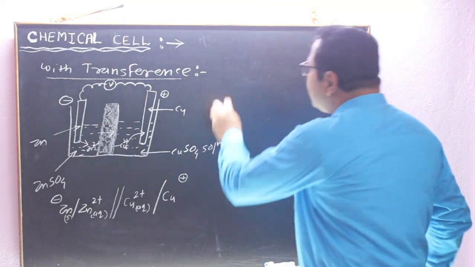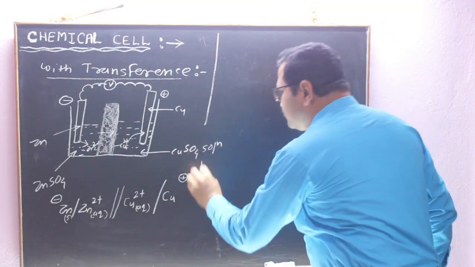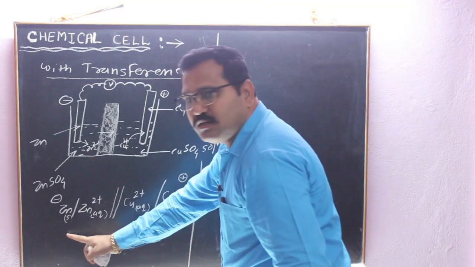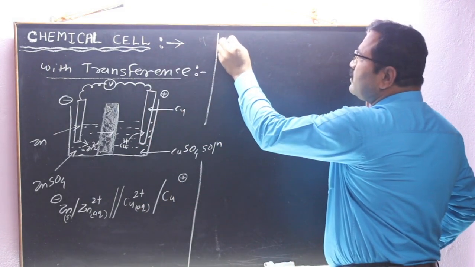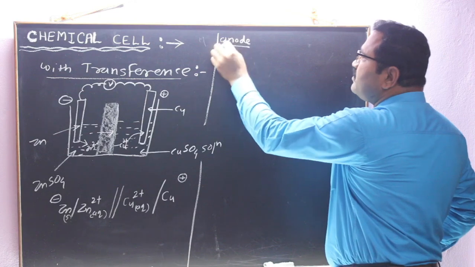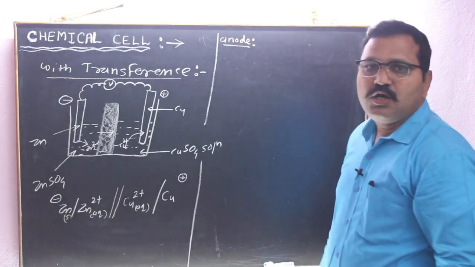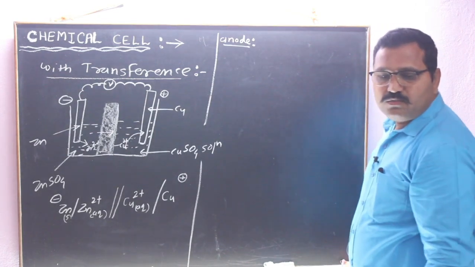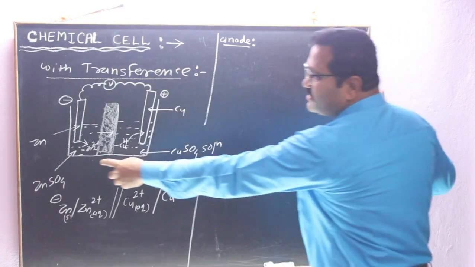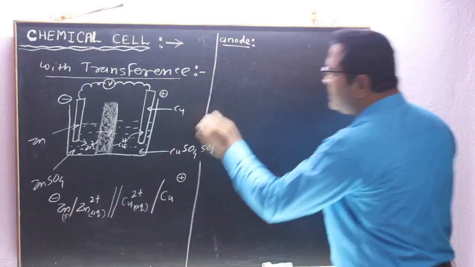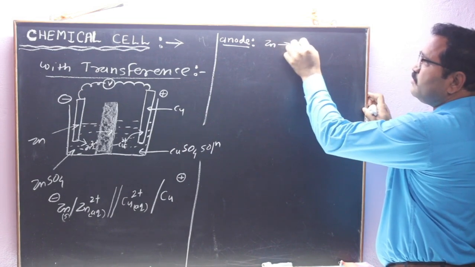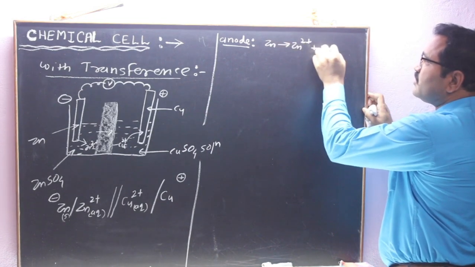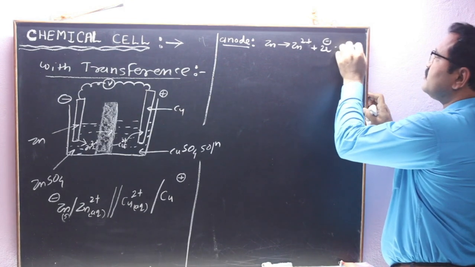Now we will see the reaction. At the anode, the electrode where oxidation takes place, what reaction is taking place? Zn goes in the solution as Zn2+ plus 2 electrons. This is the oxidation reaction.